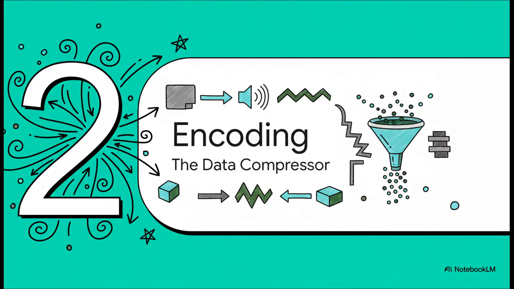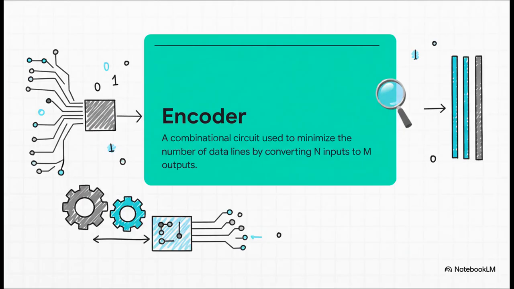And honestly, the easiest way to think about it is as a data compressor, but for electrical signals. So an encoder's entire job is to take a whole bunch of input wires, see which one of them is active, and then convert that into a super compact coded message using just a few output wires. It's a simple kind of circuit that doesn't need any memory. It just instantly translates whatever comes in.